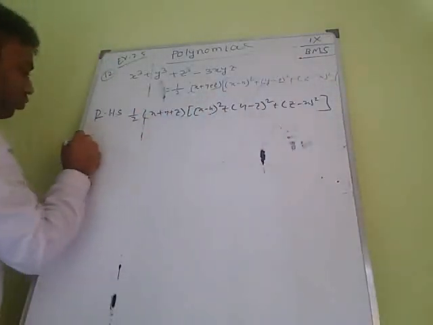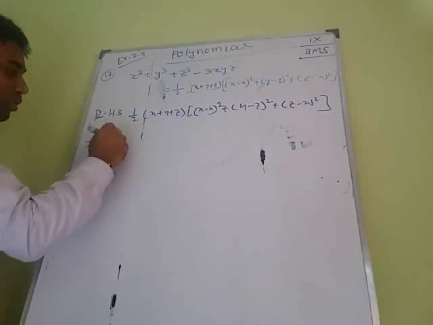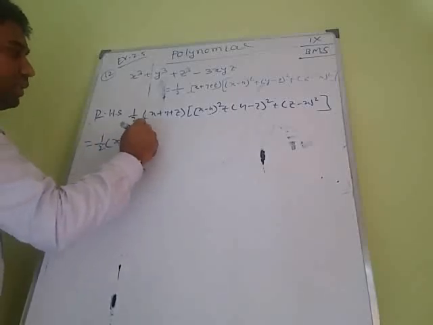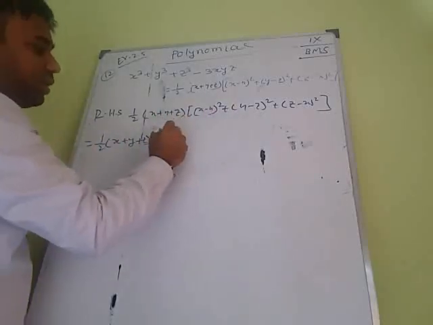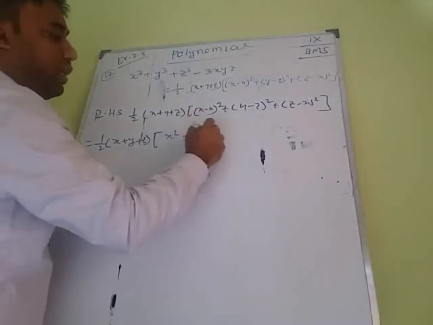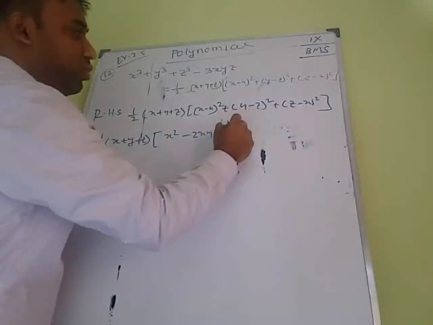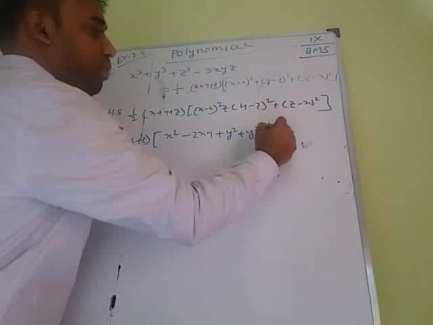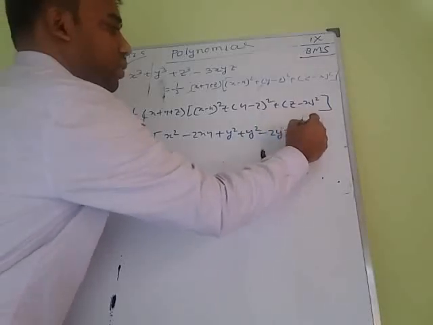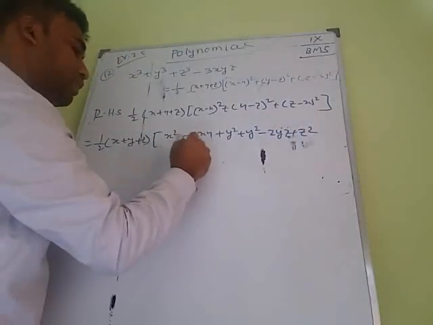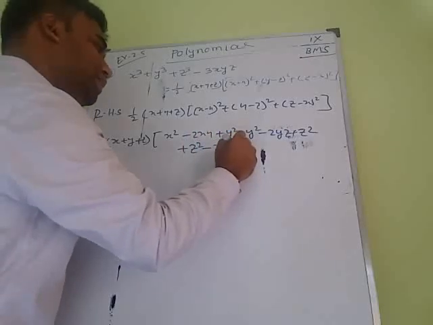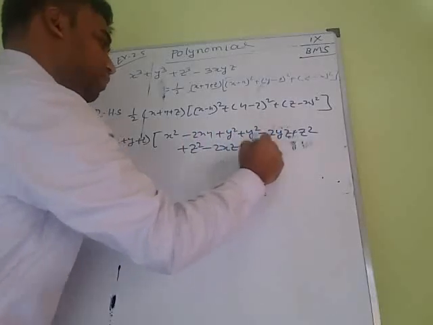Okay, so 1 by 2 (x plus y plus z) into x square minus 2xy plus y square, minus 2yz plus z square, minus 2xz plus x square.